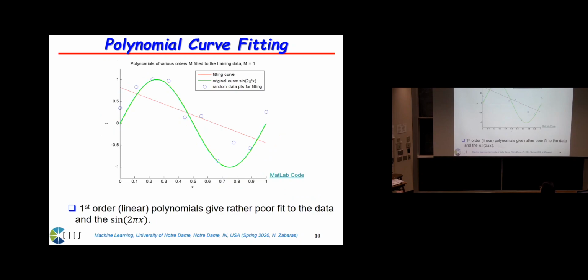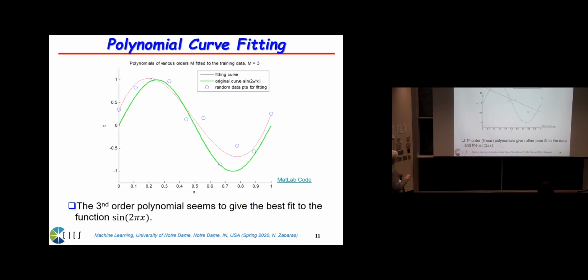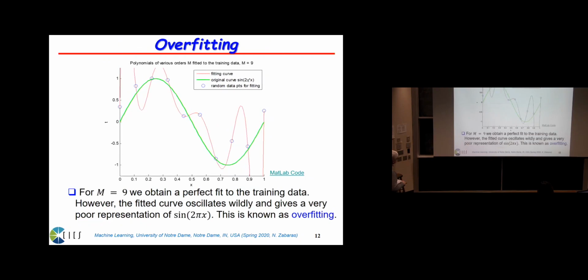If you use m equal to 1, you get a straight line, a little bit better. If you use m equal to 3, way better. And if you use m equal to 9, as Nick told you hopefully in the lectures last week, you overfit. Okay, so this, in the context of interpolating between the training data points, looks extremely good.